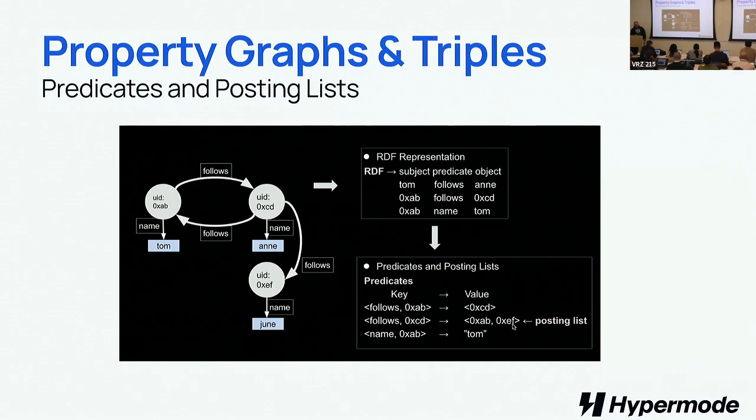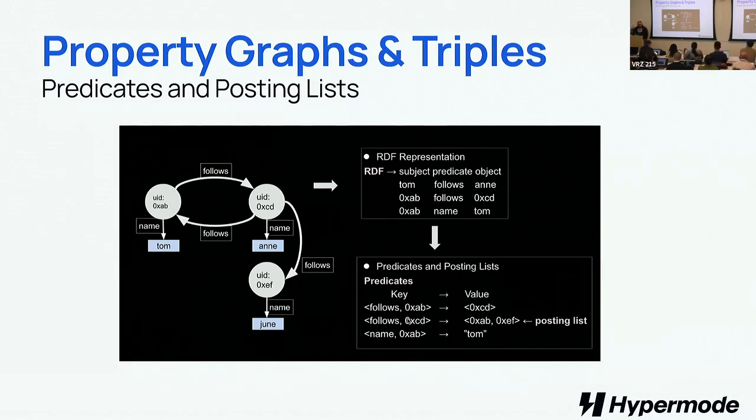We collect the IDs, the offsets on disk, of all of the nodes connected to Anne. And because those IDs are just offsets in the file store, that's a really fast traversal, right? I'm essentially just chasing pointers when I traverse from Anne to any other node that she's connected to. And so this is the way that Dgraph implements very fast traversals.